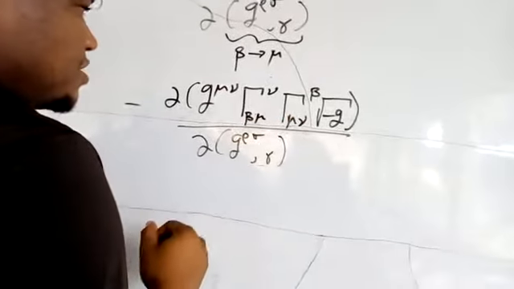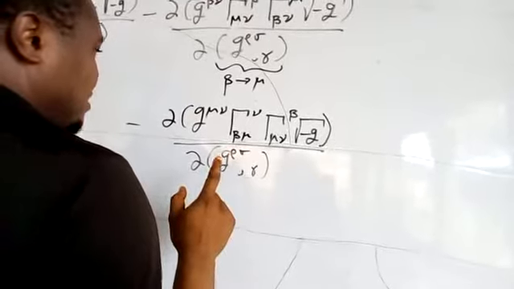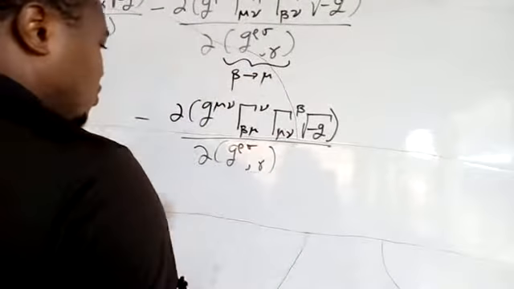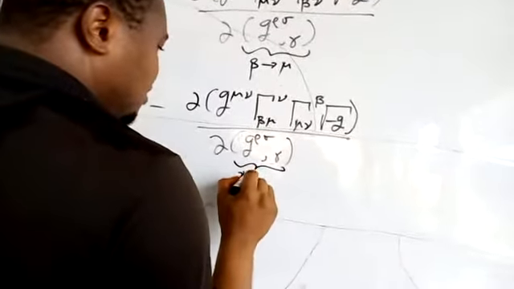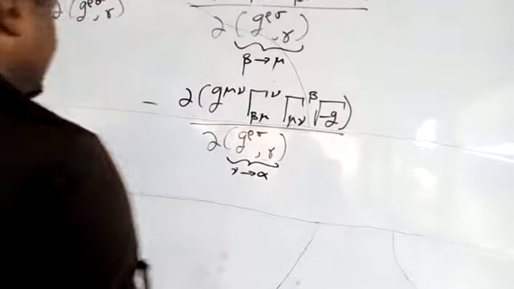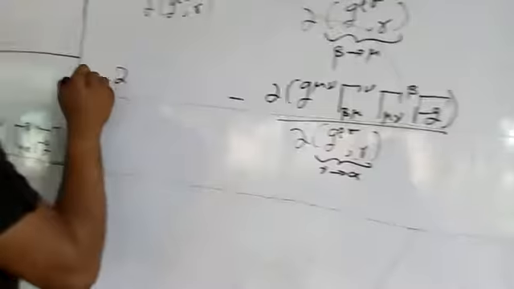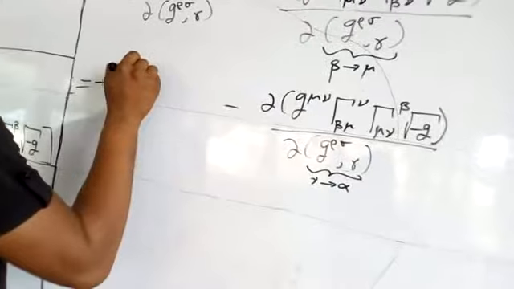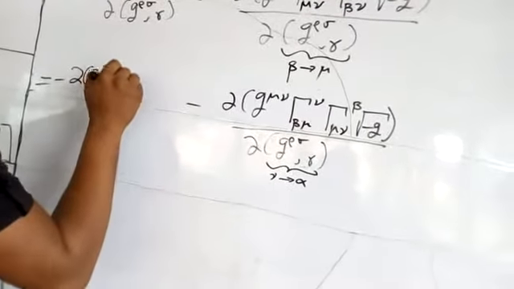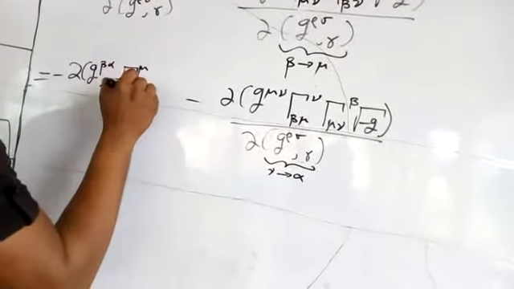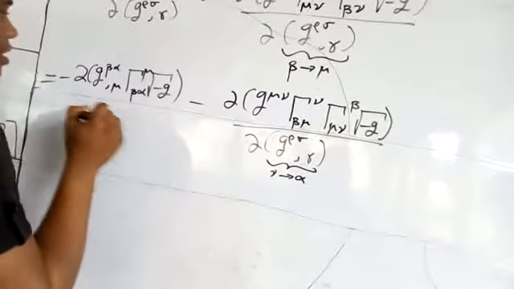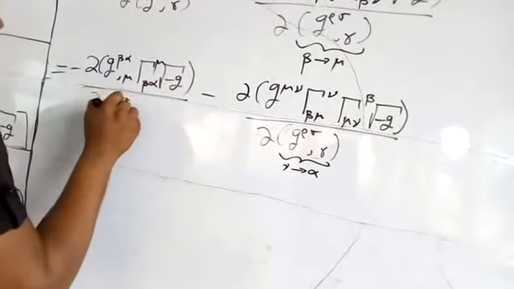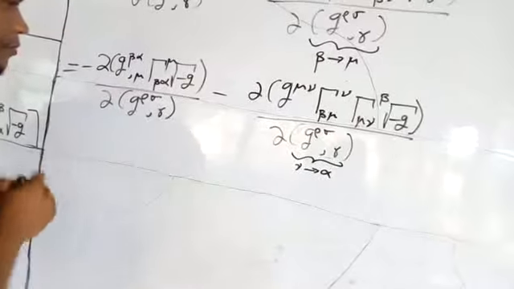So what do I do next? I simply change the nu to alpha in my next interchange. So this will be minus the g beta alpha comma mu, gamma mu beta alpha, square root of minus g, and this will be the g rho sigma comma gamma.